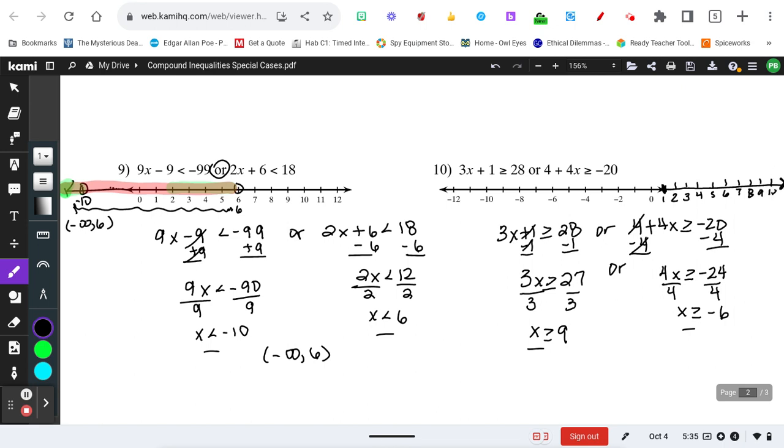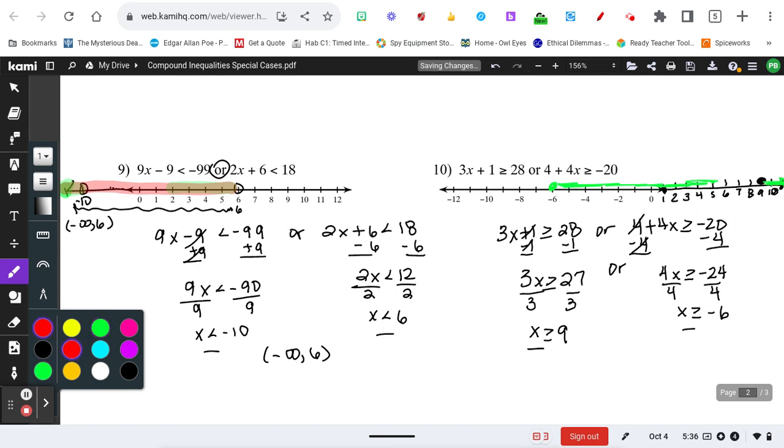All right, everything greater than or equal to 9 will be this section right here. And everything greater than or equal to negative 6 will be all of this. Now, let me do a different color. It'll be all of that, okay?